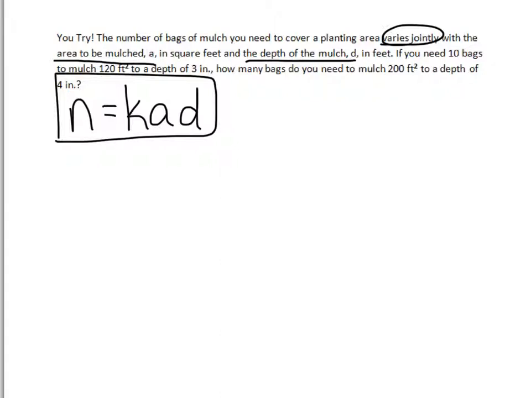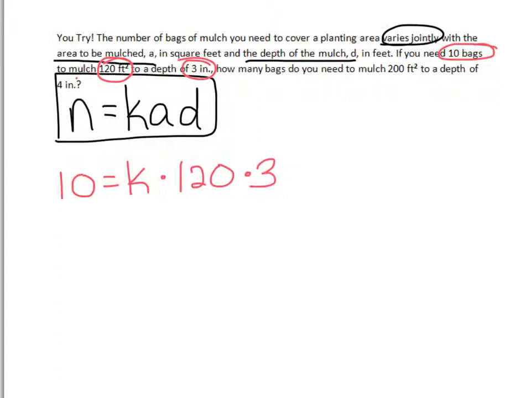So to find K, we're going to use the 10 bags with 120 feet squared and the depth of 3. So 10 bags, which is N, equals K, because that's always what we try to find first, times the area, which is 120, times the depth, which is 3.